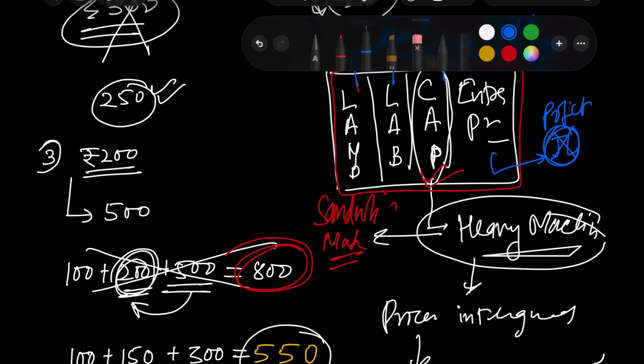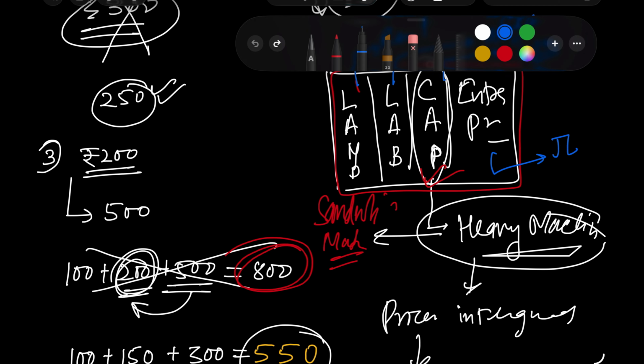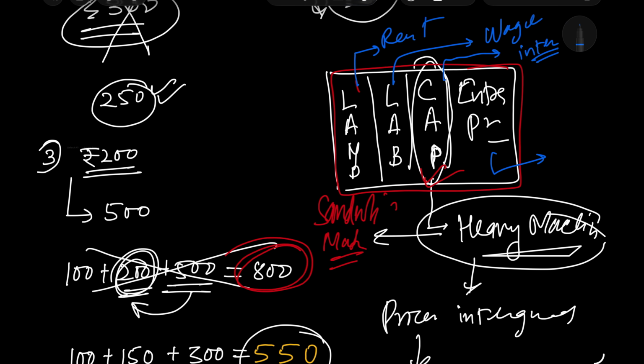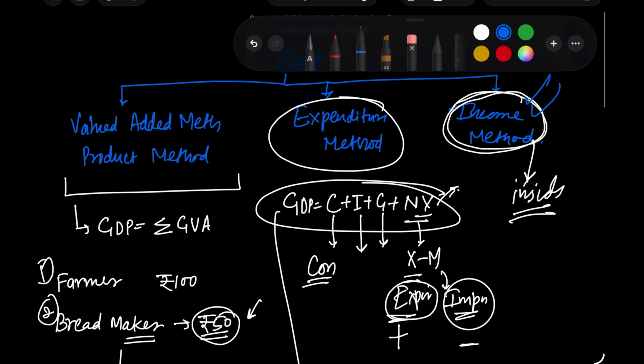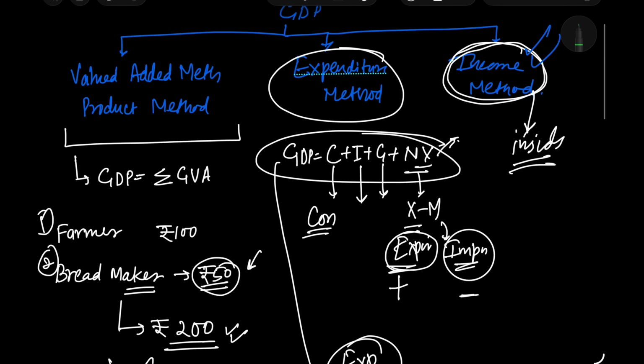Forgive me, pi is generally used in microeconomics for the notation of profit. So in the income approach, we add all of these things, which is given by GDP is equal to rent plus wage plus interest plus profit. Alright, so these are the three methods of calculation of your GDP.